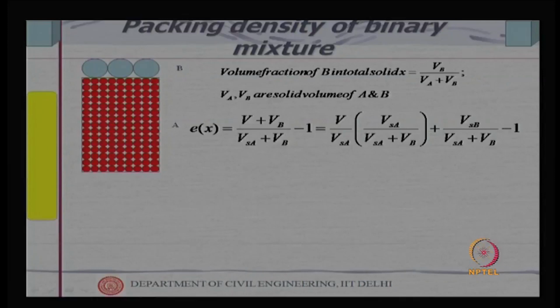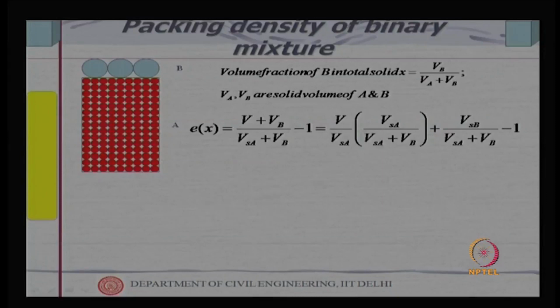Because VSA is the amount of solid, I can write it like this, V by VSA. I am separating out two components, because V can be written as VSA plus VB.